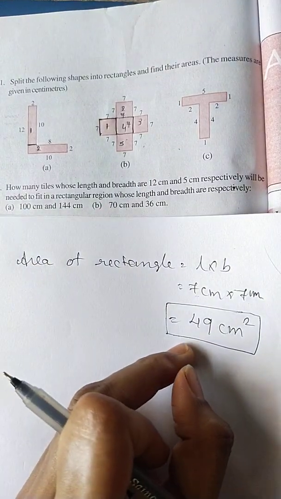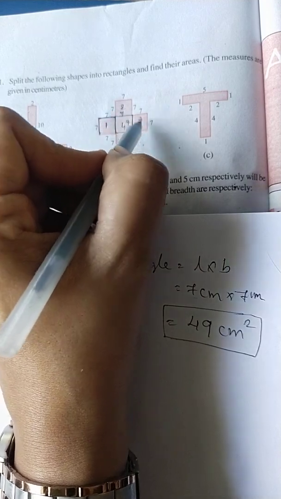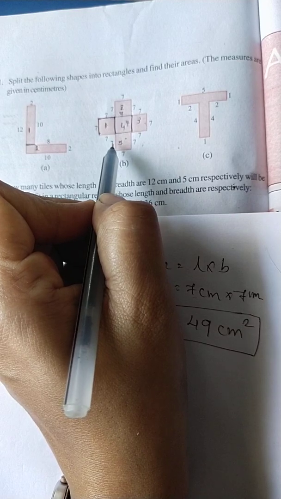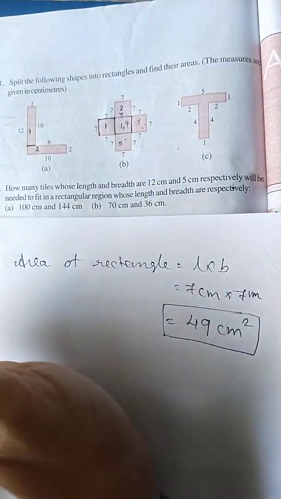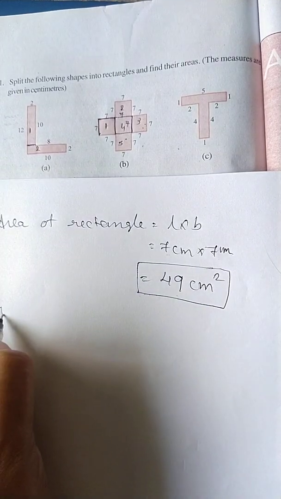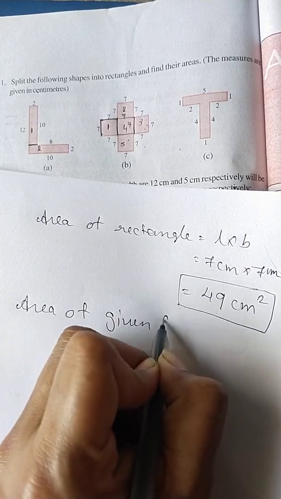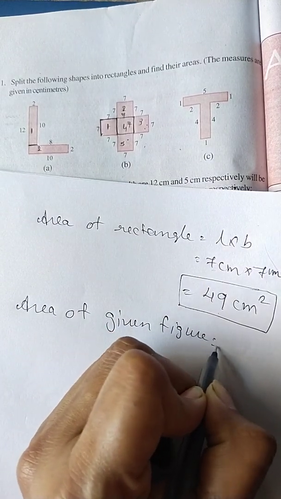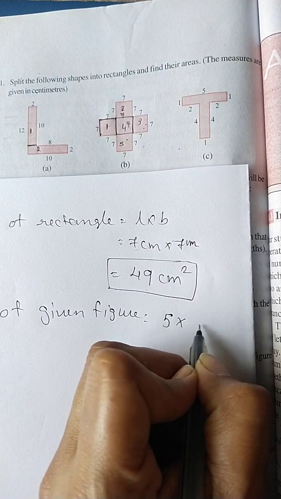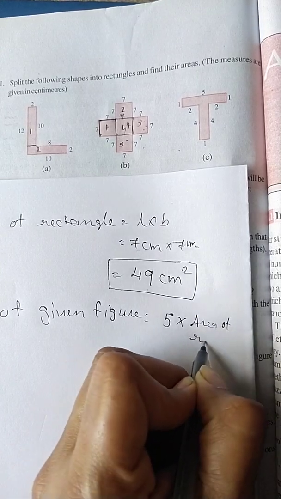Now this is 49 centimeter square. All are equal. Everywhere 49, 49, 49 because all are squares of the same size. Clear? So better just do area of given figure is equal to 5 multiplied by area of rectangle.